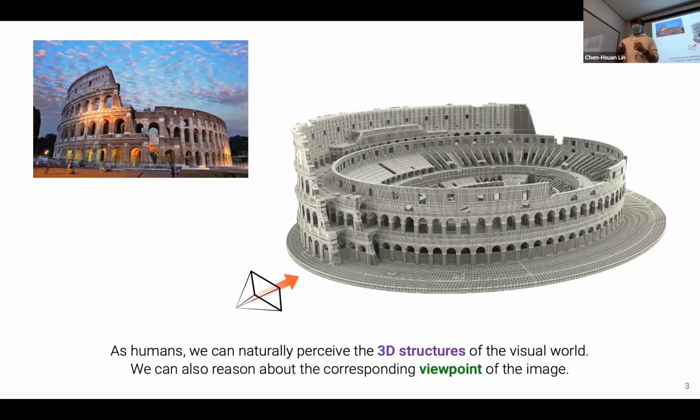In addition, we can also infer the corresponding location or viewpoint relative to the 3D model that we just built in our minds. So we can infer where we are looking from, based on the reconstruction that we have mentally. This regards two important problems in this space.